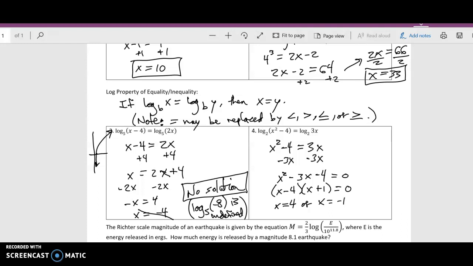If we substitute -1 in, we're going to end up with a negative. Okay, if we substitute 4 in, we will not. That'll be our only answer then. Okay, why did I mark this guy out? Because log base 2 of -3 is undefined.